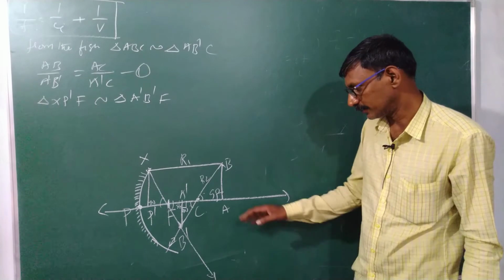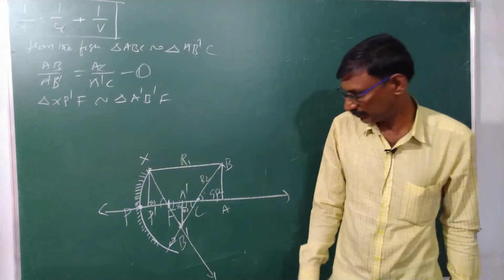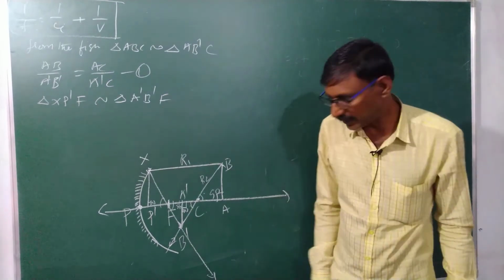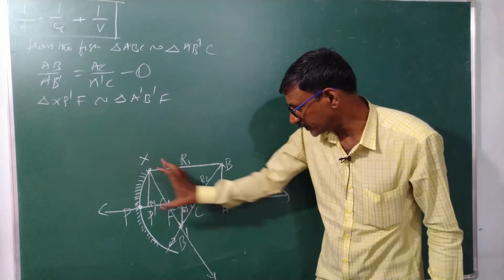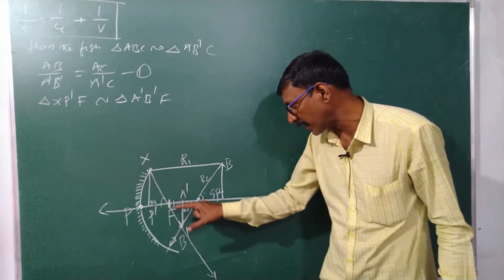Now consider these two triangles and then we solve for this. See, this by this is equal to, by these two similar triangles, this by this.